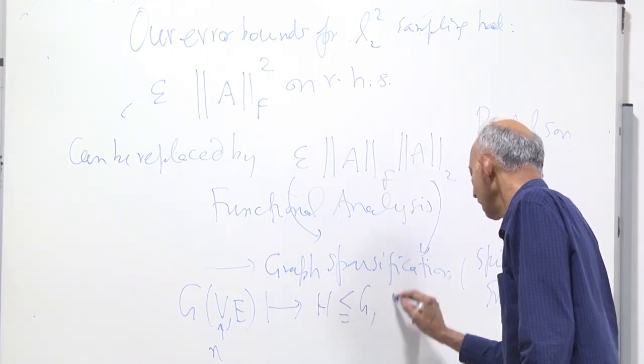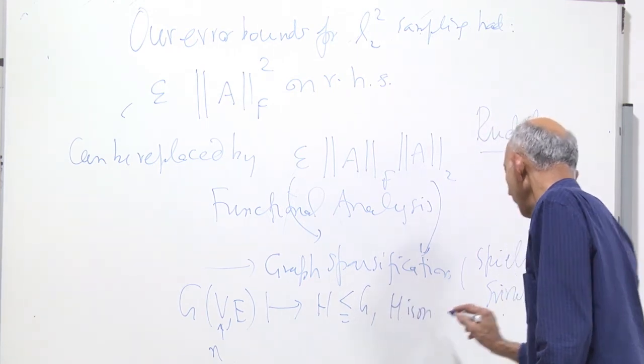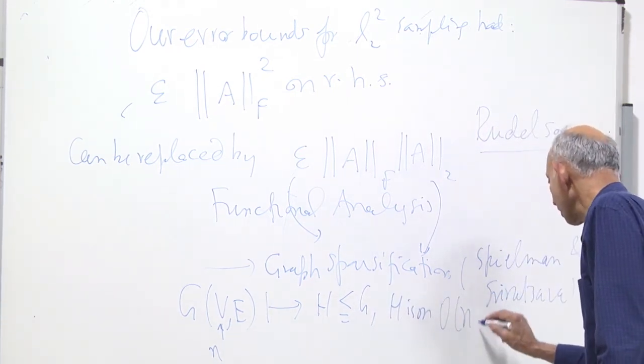I'll write it like this. So H is on n log n vertices, sorry, n log n edges.